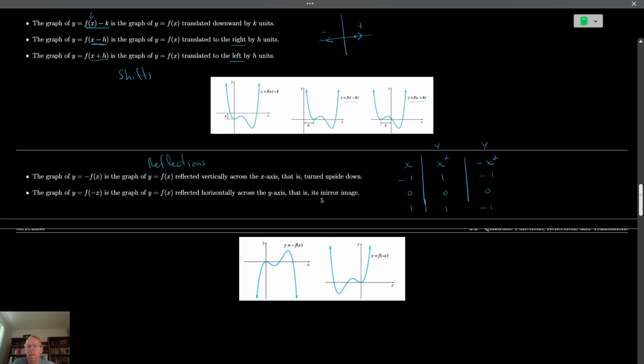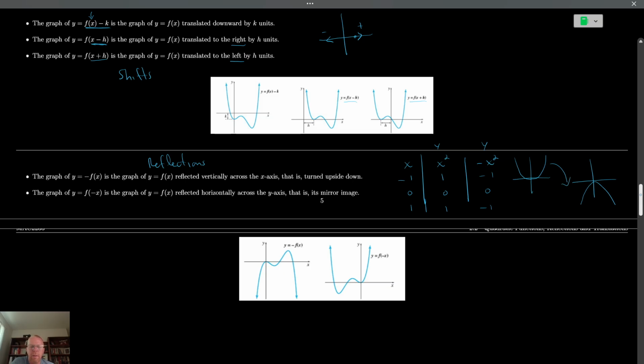Instead of 1, negative 1. Of course, we're not going to have any negative values over here for x squared. And then all of these are going to be negative. And so what that looks like, instead of the graph of x squared that looks like that, we have negative x squared that looks like that. And so we're just flipped over the x-axis.